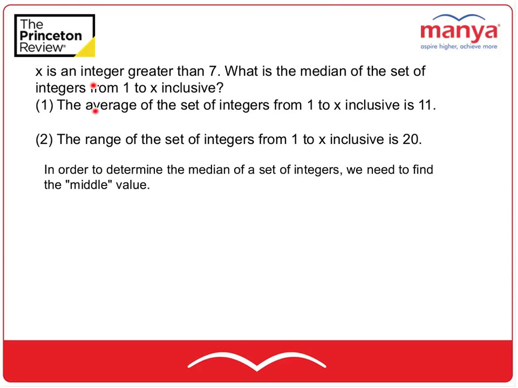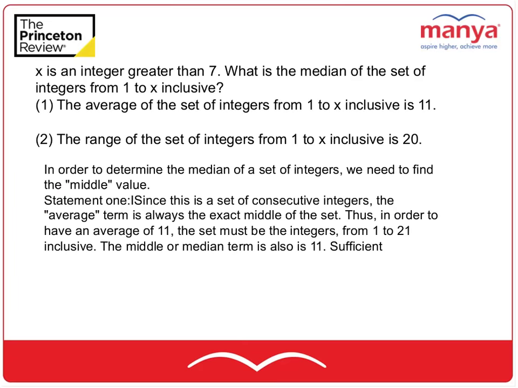When we want the median, that means we need to find the middle value, right? Median is always the middle value, and the average of the set of integers from 1 to x inclusive is 11. What can we infer from the first statement? When they say the set of integers from 1 to x, it is going to be consecutive integers.